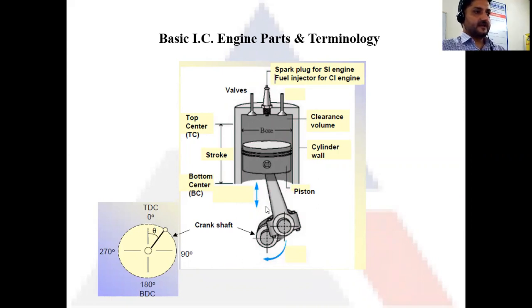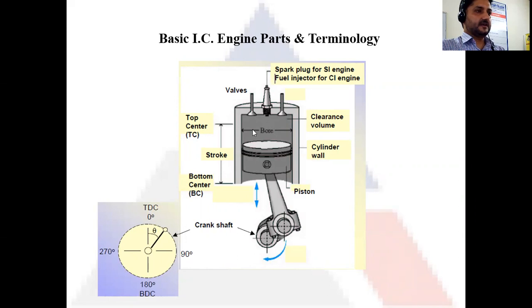Now, as the piston starts to move downwards, here we can see a circle. When the piston is at top dead center, the crank is in the straight position, the connecting rod is in the straight position, and the piston is at the top dead center. So here the angle will be 0 degrees.